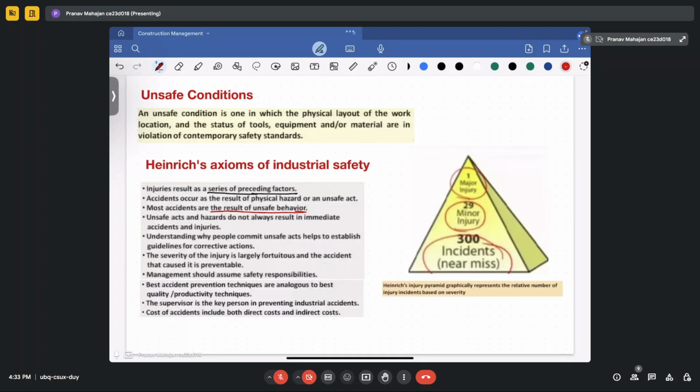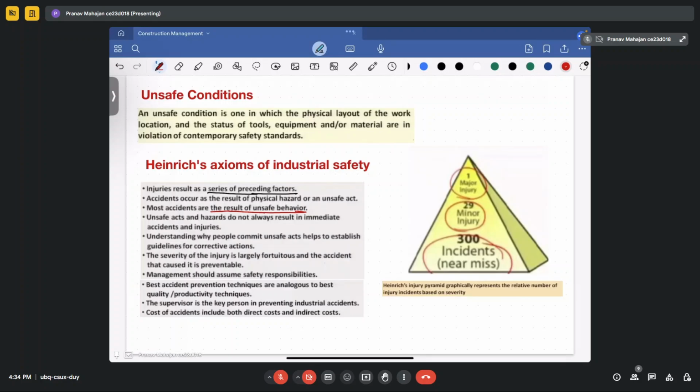That contributes to the near-miss events. Then there are minor injuries that happen once in 6 months while riding a bike, or once in a year if you are a pro rider, and one major injury that happens once in 20 years.